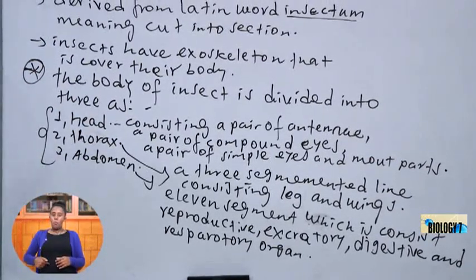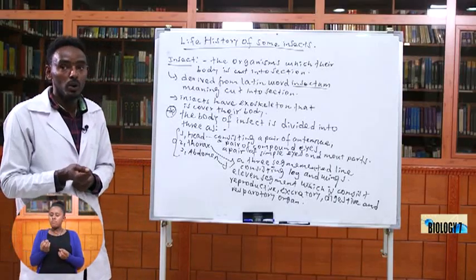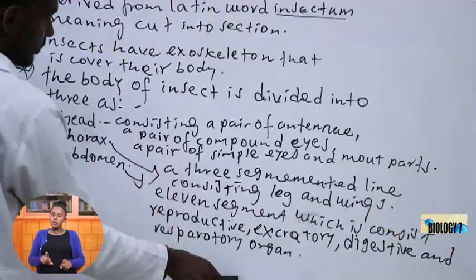Now we see why insects are the most diverse group of animals on the earth.